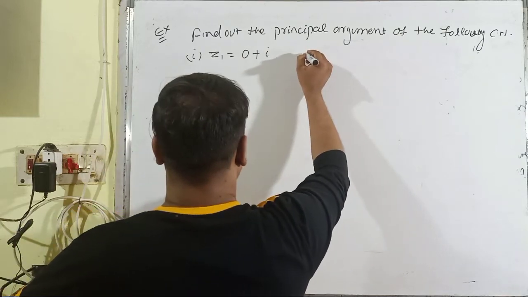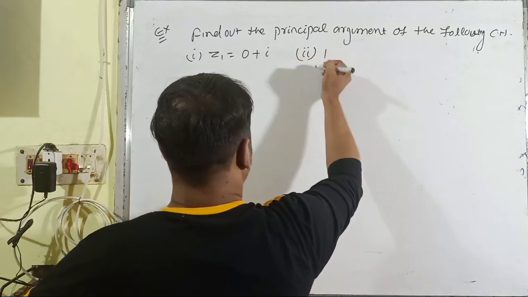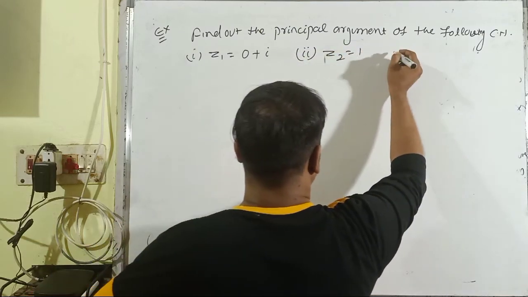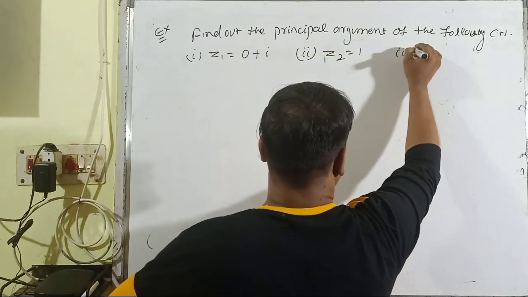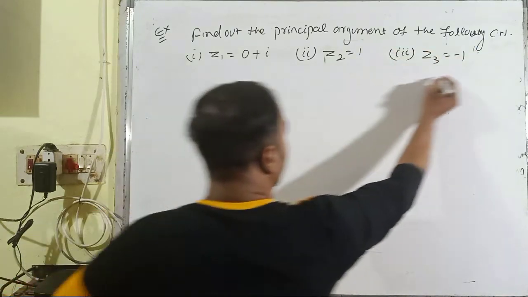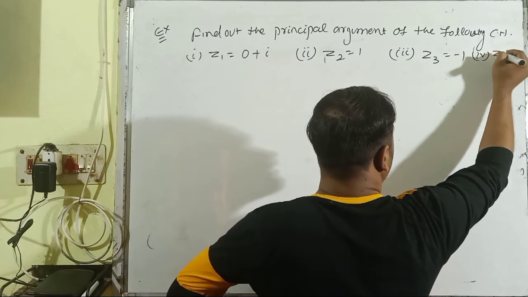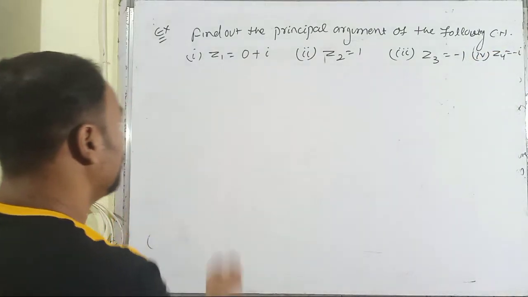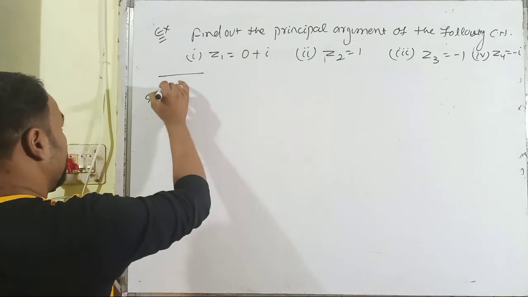The second one is z2 is equal to 1. The third one is z3 is equal to -1, and the fourth one is z4 is equal to -i. Okay, let us solve it.